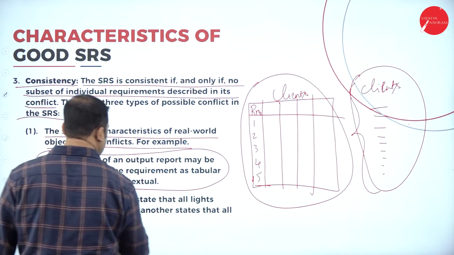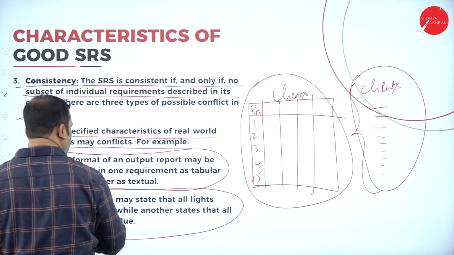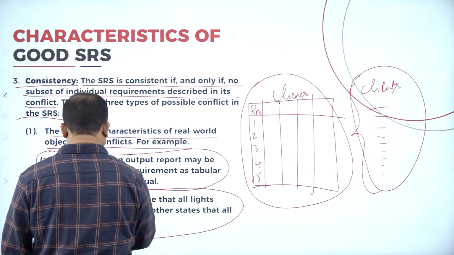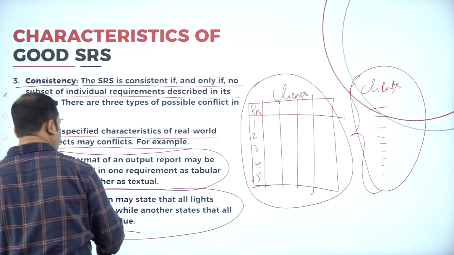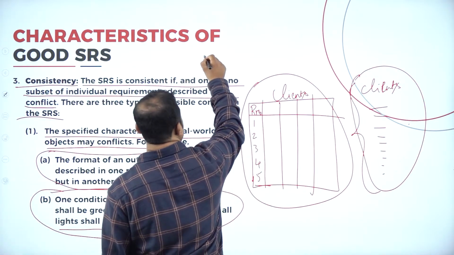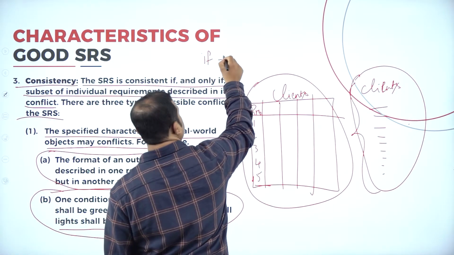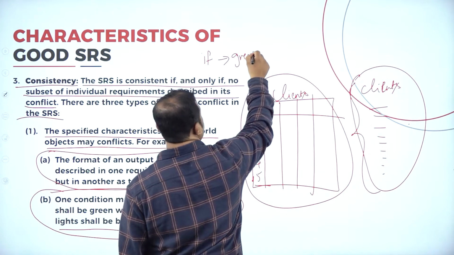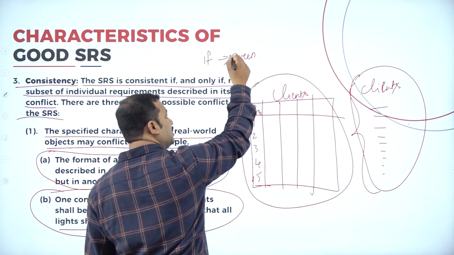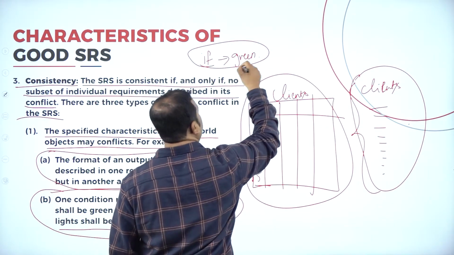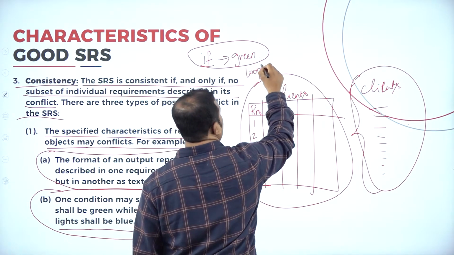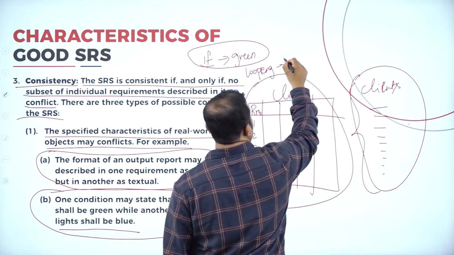The other conflict is that one condition may state that all the lights shall be green, while another states that all lights should be blue. That is, if there is any condition like an if statement, all of them are represented in green color. Where the definition and the condition are to be applied, and where the looping statement is applied, all these must be in blue color.